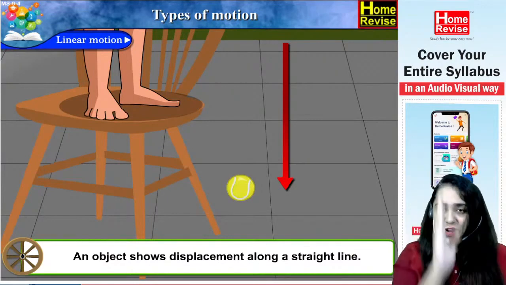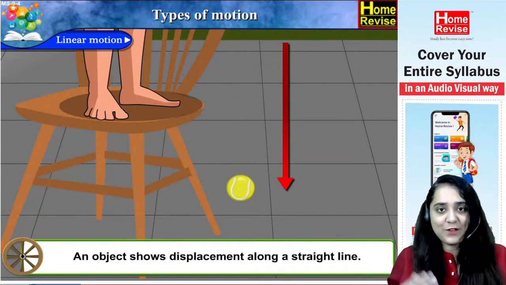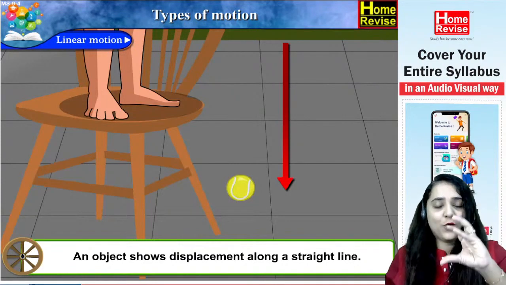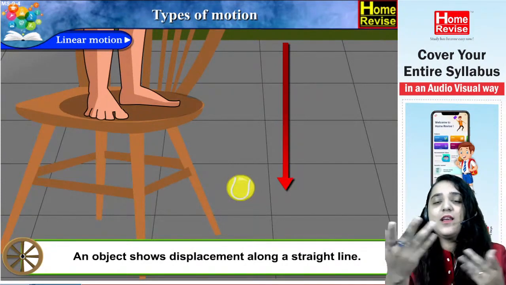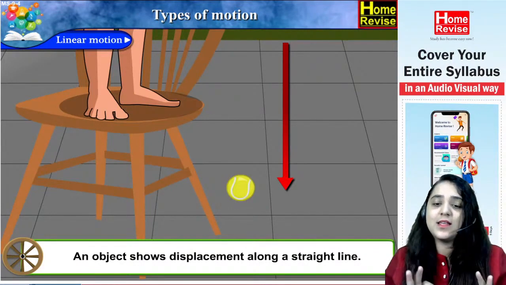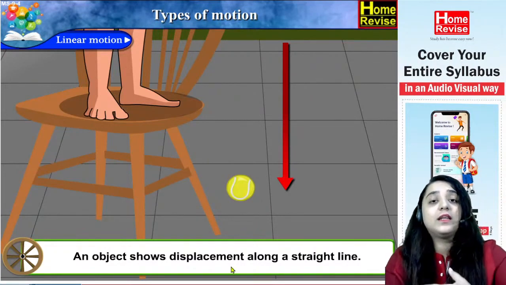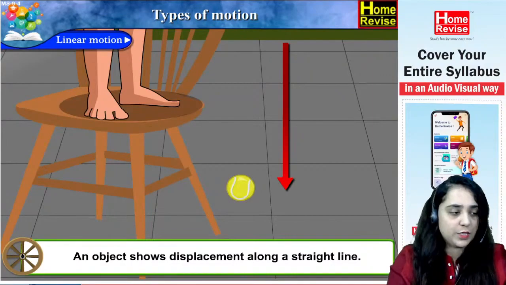Will it move straight, or in a curve? Obviously it will move in a straight line. So the motion of the object is in a straight line, and we can conclude this is linear motion. Wherever you find a straight line, you can conclude that it is linear motion.